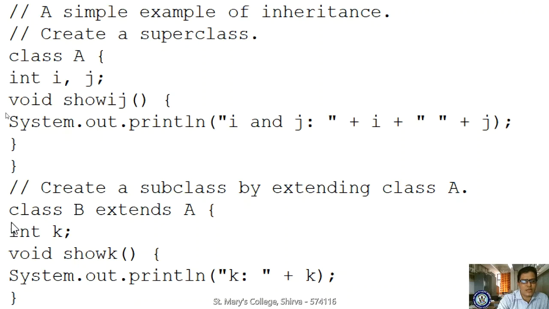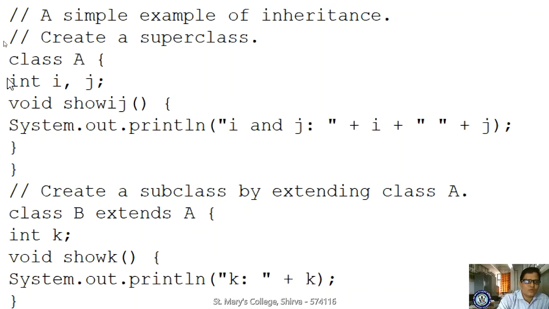Now I am writing class B. In class B, I am using the keyword extends A. Then what does it mean? B is inheriting the properties of A. How can you say that? Because we are using the keyword extends. Extends means it inherits the properties of the base class. So whatever variables and methods exist in A, B will be able to access.